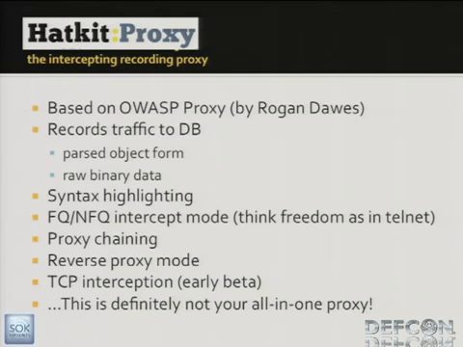It also has TCP interception in the early beta stage, which allows you to intercept TCP communication, modify it in real time, and then send it through to the server. That's what I'm going to focus on in these last few slides. Then I'm going to hand over to Martin, who's going to talk a bit more about the data fiddler, which is the other part of the Hatkit project.